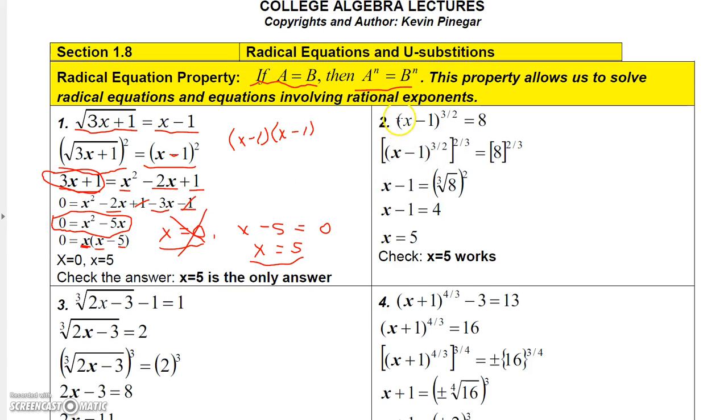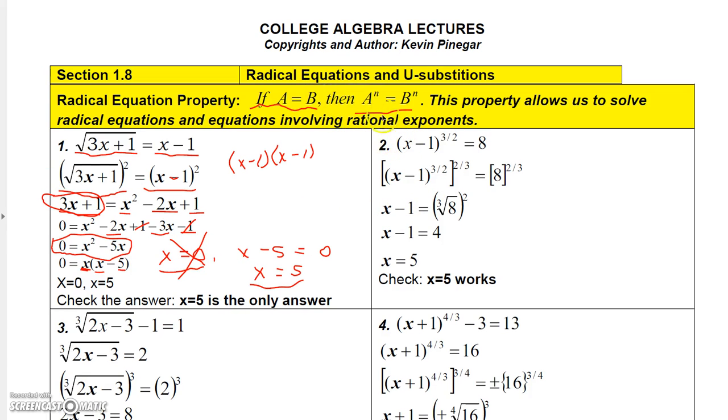Now, here I have a rational exponent. I have x minus 1 raised to the 3/2 power. Now, there's a little trick, and I actually could give you just a quick little theorem here.